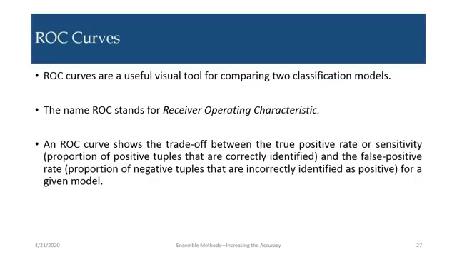And now ROC curves. ROC curves are a useful visual tool for comparing two classification models. Suppose we want to compare the classification accuracy of two models; we can use ROC curves. The name ROC stands for Receiver Operating Characteristics. An ROC curve shows the trade-off between the true positive rate or sensitivity, that is the proportion of positive tuples that are correctly identified as positive, and the false positive rate, that is the proportion of negative tuples that are incorrectly identified as positive.